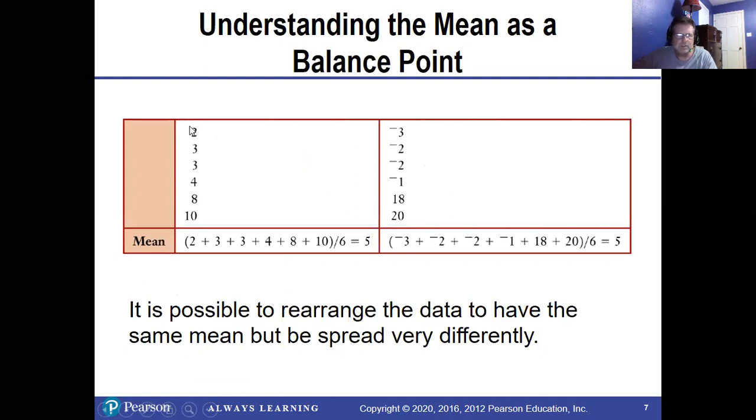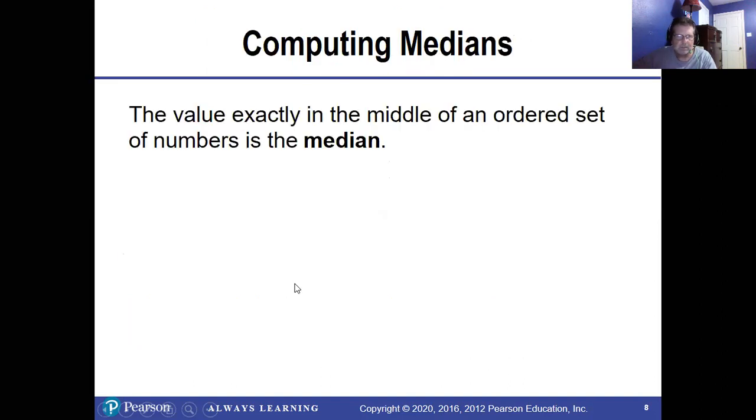Notice here these numbers are all in the positive realm. When you add them up, you find the average is 5. Here you have some negative numbers and then much bigger positive numbers, but their average is still 5. So that balance point can be a little different than what you would normally see.